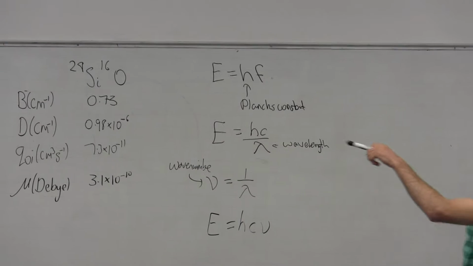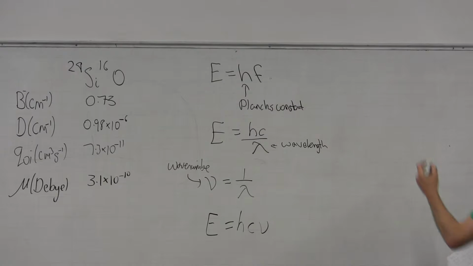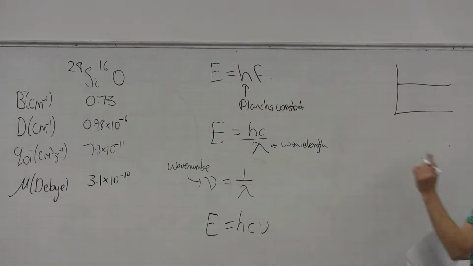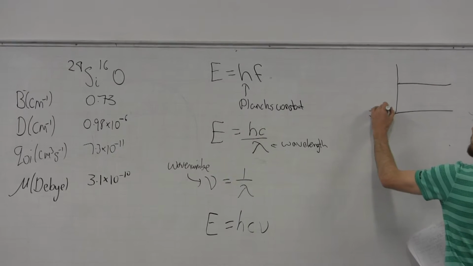Okay, so the first part of this question, A, is to calculate the energy levels. There are only 2 energy levels in this problem, J equals 0 and J equals 1.